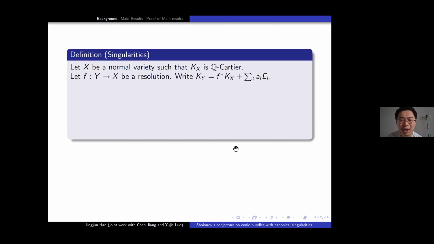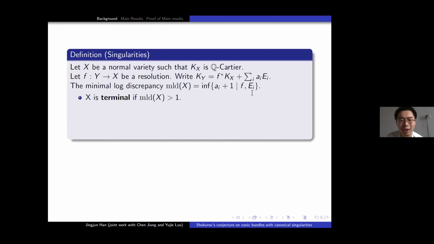Let f be a resolution, and I can write K_Y to be the pullback of K_X plus the sum of a_i E_i. Then we can define the so-called minimal log discrepancy of X, which is equal to the infimum of a_i plus 1, for any such f and any such E_i.